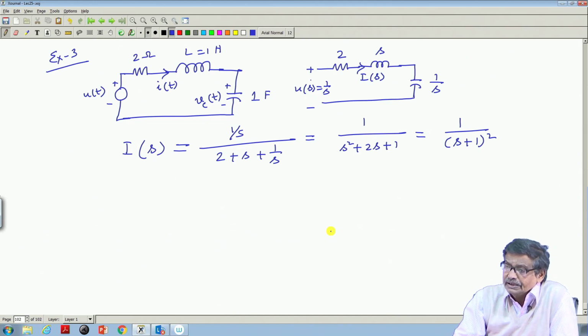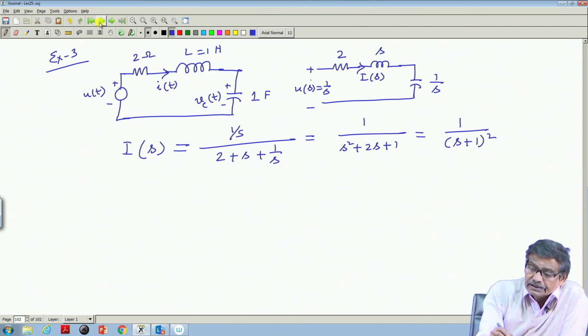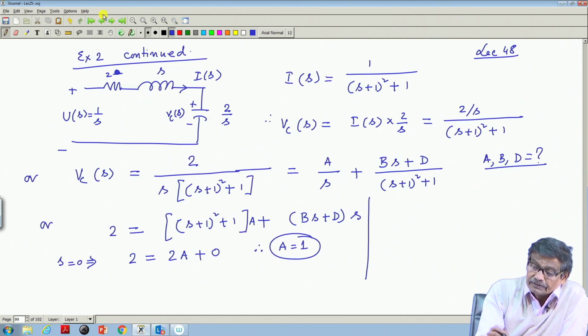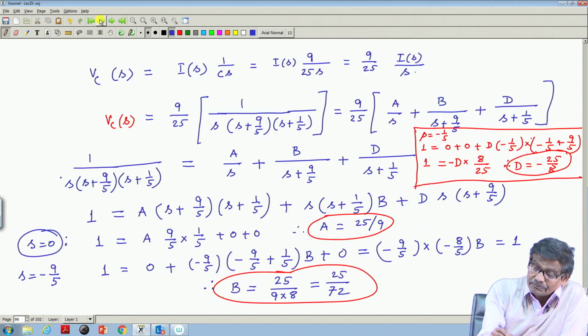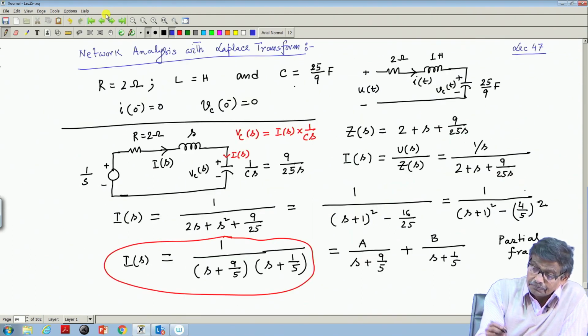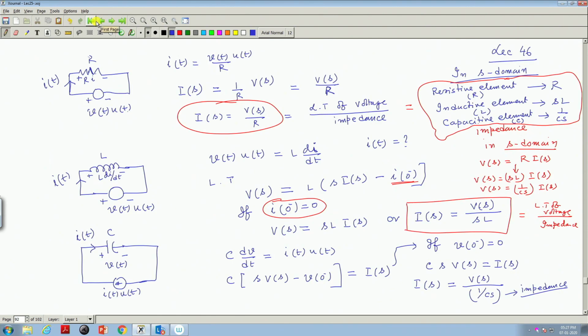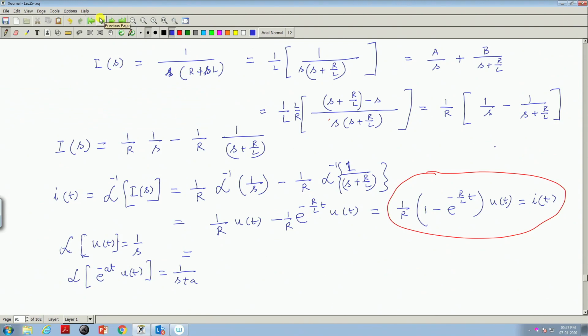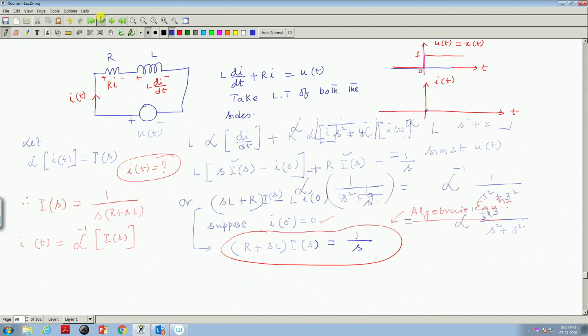What will be the Laplace inverse of this, whose Laplace transform is 1 by s square? Go to some previous pages where we discussed standard formulas.